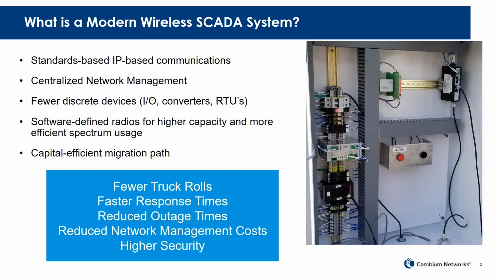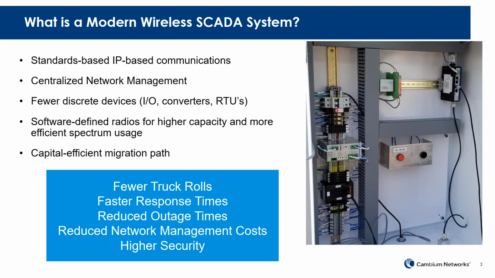In many cases, you can also eliminate a Modbus TCP to Modbus RTU converter through the capability that's integrated in the radio. And then, ultimately, the radios themselves are software-defined radios, so we can add different modulations, we can add higher capacity, and effectively, we get better efficient usage of the spectrum.